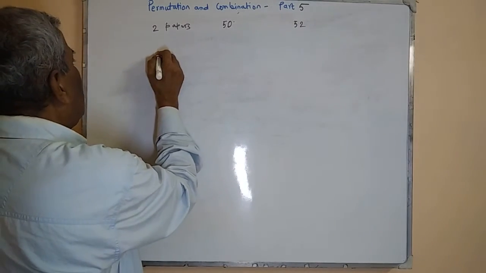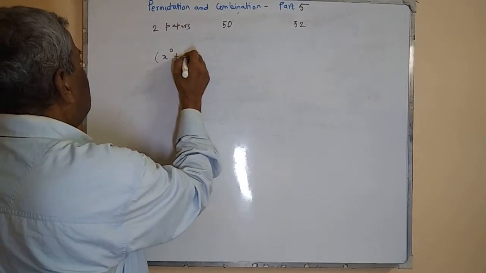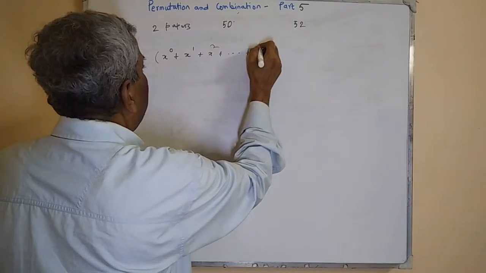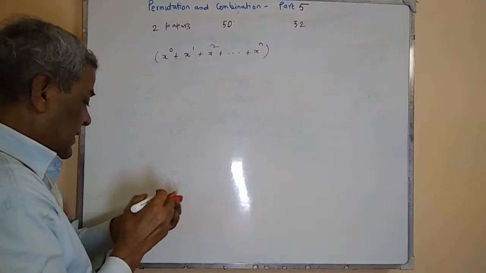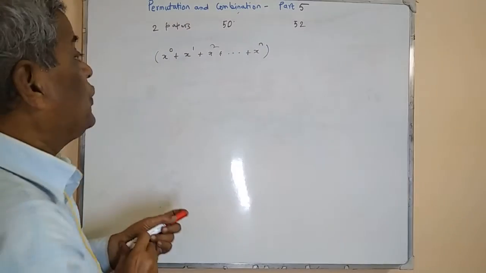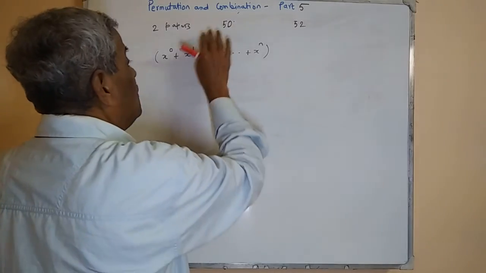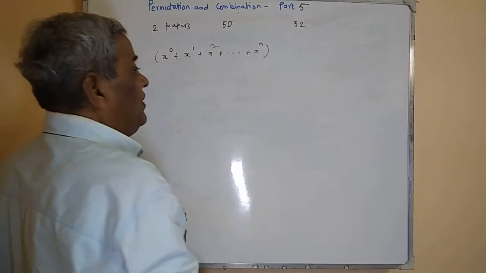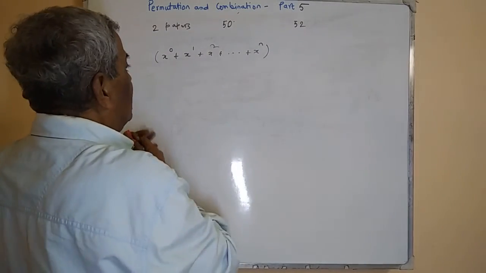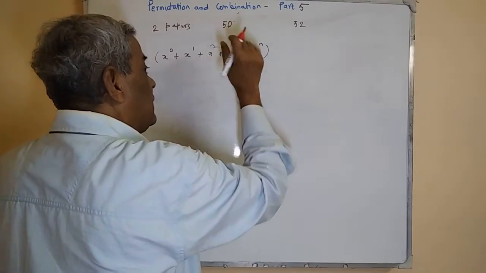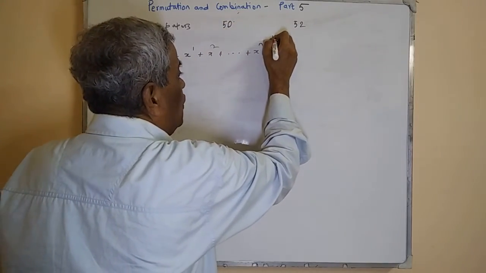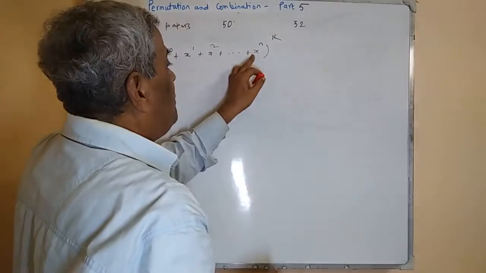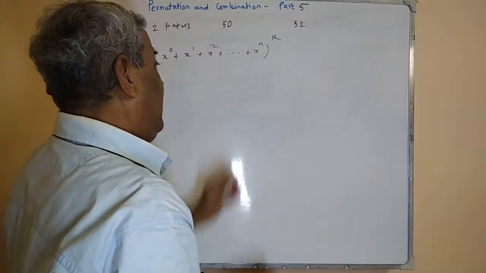Suppose this expansion. Suppose a question paper has n full marks, and there are k papers, each consisting of full mark n.